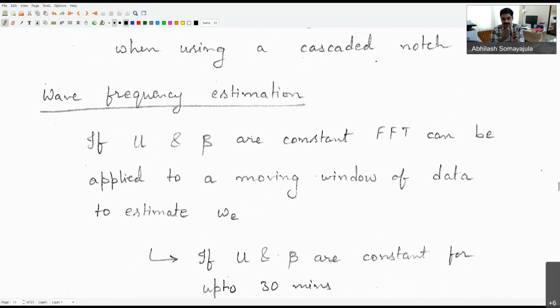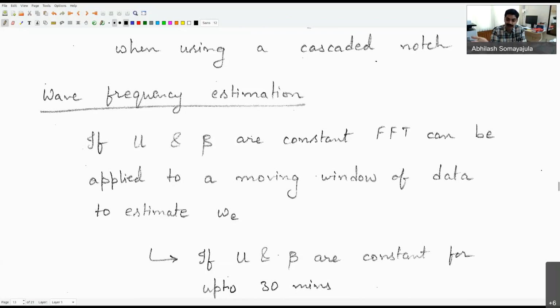So assuming that the speed of the ship is constant in one direction, it's not changing rapidly with time, and the direction of the waves, wind or current is more or less constant for at least 30 to 40 minutes, then we can make a good estimate by simply collecting the information in heave or pitch, taking a Fourier transform of it, and we'll know where the peak is.